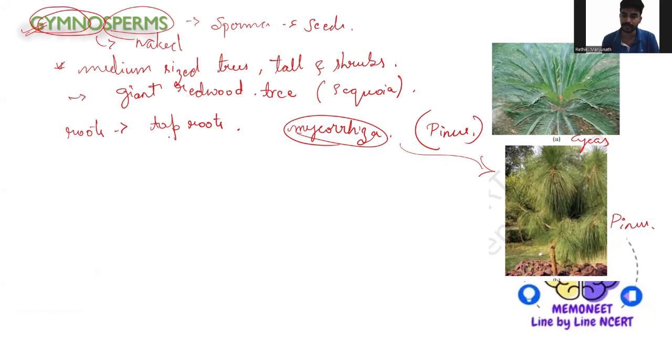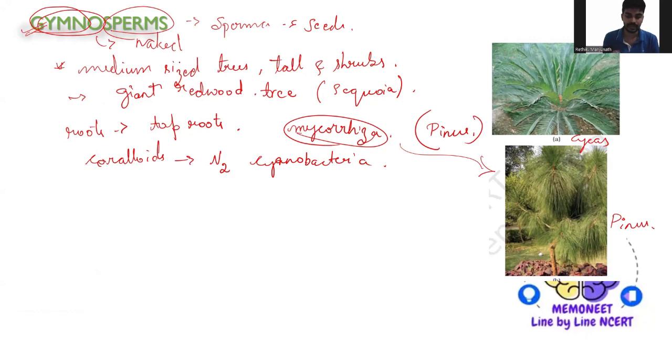Another example is in some like Cycas, where you will see small specialized roots called coralloid roots. They are associated with nitrogen fixing bacteria, that is cyanobacteria. So this is all about the symbiotic relationship between the root as well as the fungus and some of the bacteria.